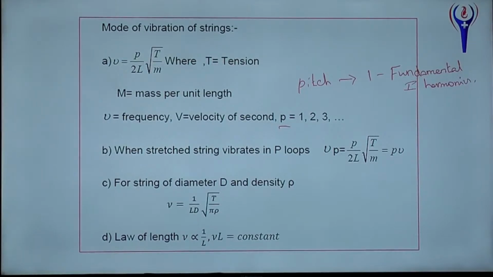And p equal to 2 is the second harmonic, or first overtone.